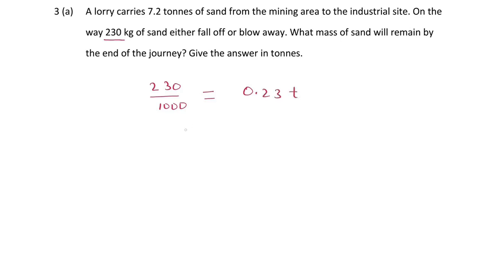Then to find the remaining sand, we take 7.2 tons minus 0.23 tons, of which after solving the values we have 6.97 tons. And this is going to be our answer.